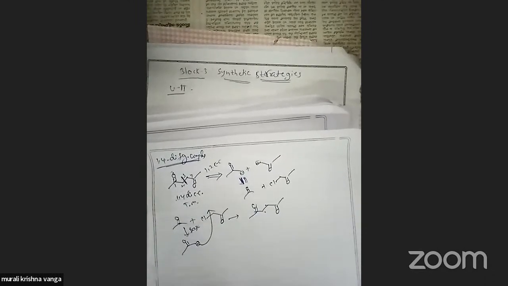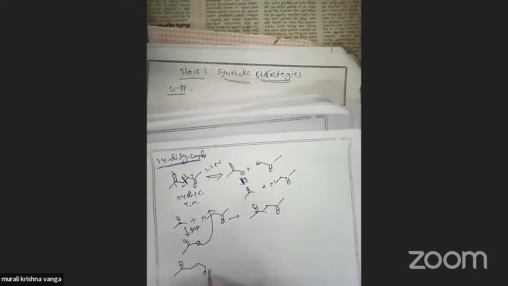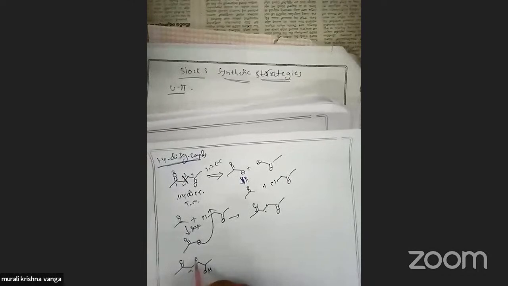Next we are discussing the second example for 1,4 difunctional compounds, gamma hydroxy carbonyl compounds. In this alpha, beta, gamma hydroxy carbonyl compound, the alpha beta bond undergoes disconnection.